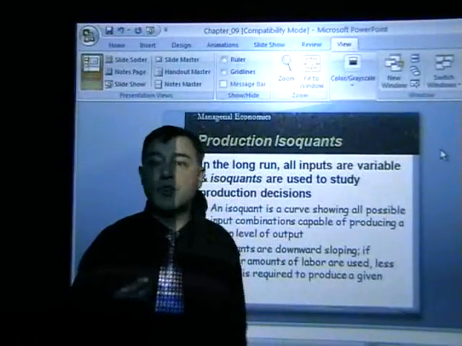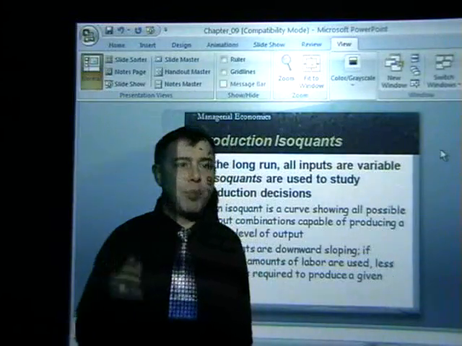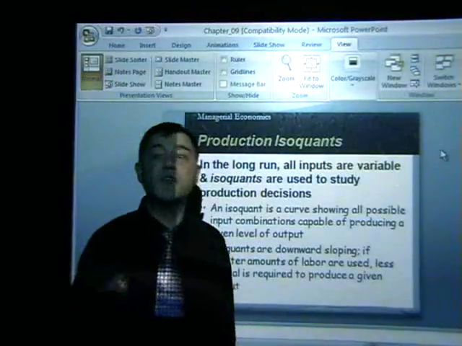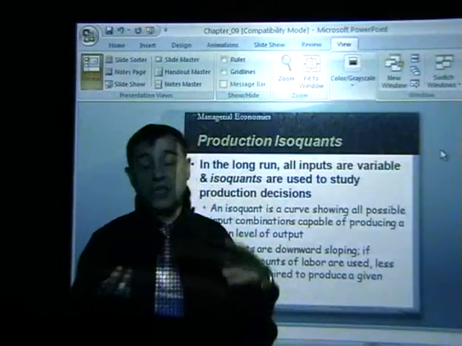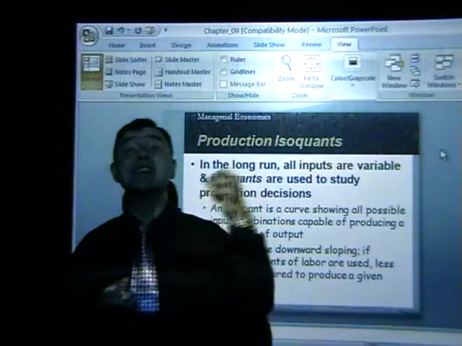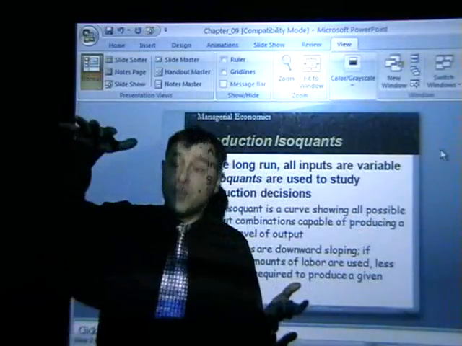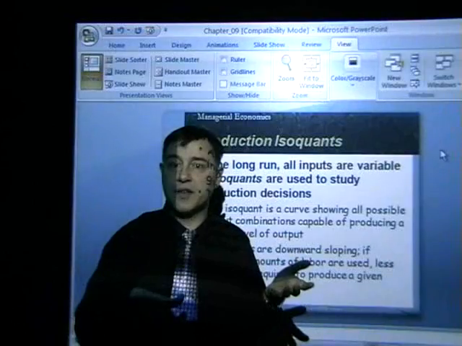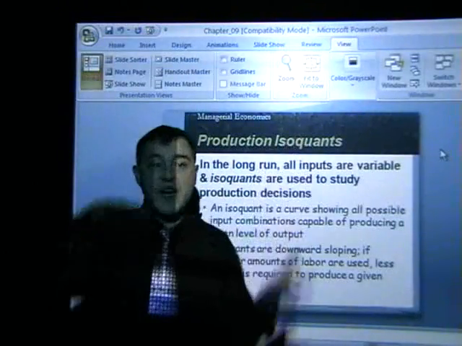And trade-off, if you remember from the very first lecture, is the most important characteristic of economics. Trade-off is the defining characteristic of economics. You can't get something for nothing. Trade-off means if you want to maintain the overall output and reduce one input, then you must increase the other input, and vice versa.